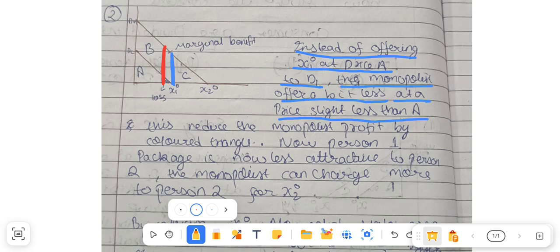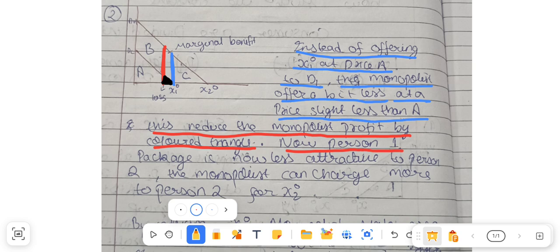Now the black area, the small triangle here, is the loss that he has incurred because he is selling less to the consumer, which will reduce the monopolist's profit by the black colored triangle.